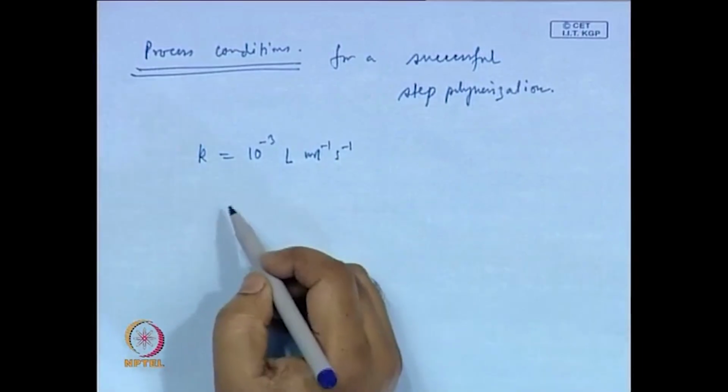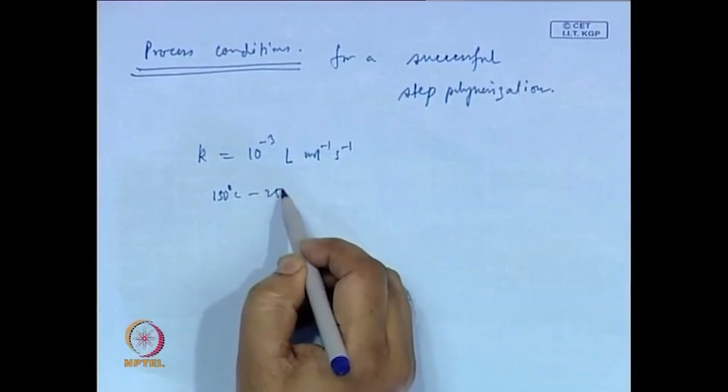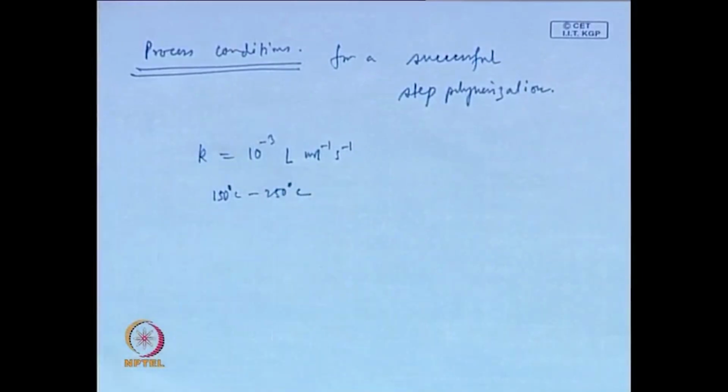High temperature is required, typically 150 to 250 degree centigrade, at which the polymerization is carried out, to make the reaction faster.